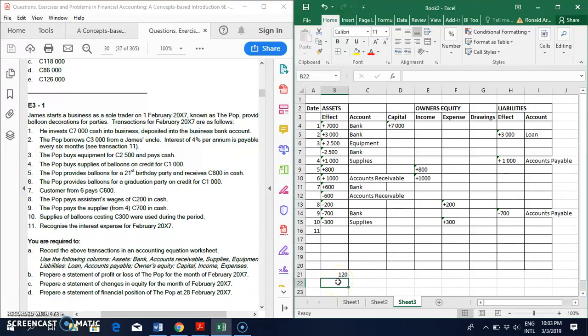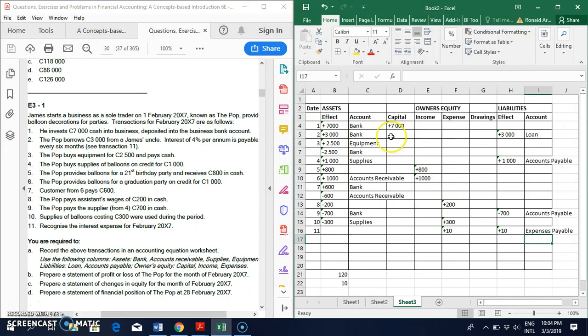But we only used 1 month, so we divide that by 12. So it's 10 Rand. It says we must recognize the expense, so my expenses must increase with 10 Rand. And we still owe it, so that 10 Rand goes into liabilities as expenses payable. Remember, we're saying we recognize the expense. Nowhere does it say that you paid the expense.